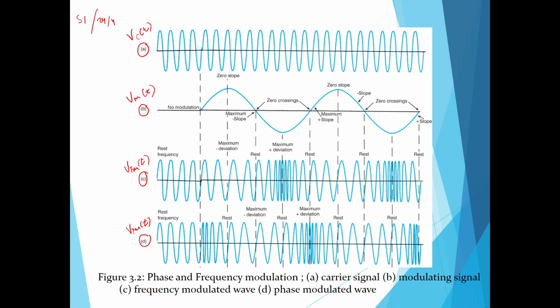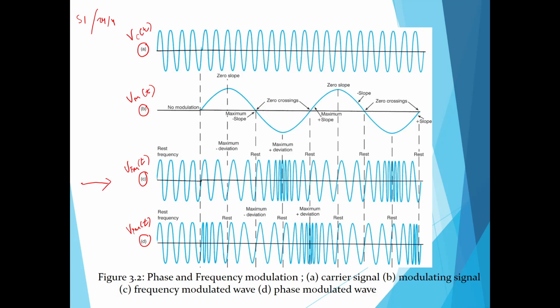And how to understand the waveform? Let's look at the frequency modulation wave. If you see picture C and D, we cannot differentiate whether this is FM or PM, because both waves look similar.